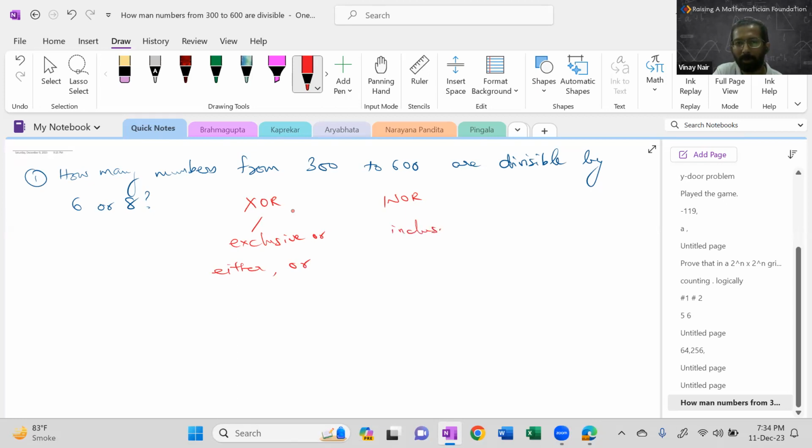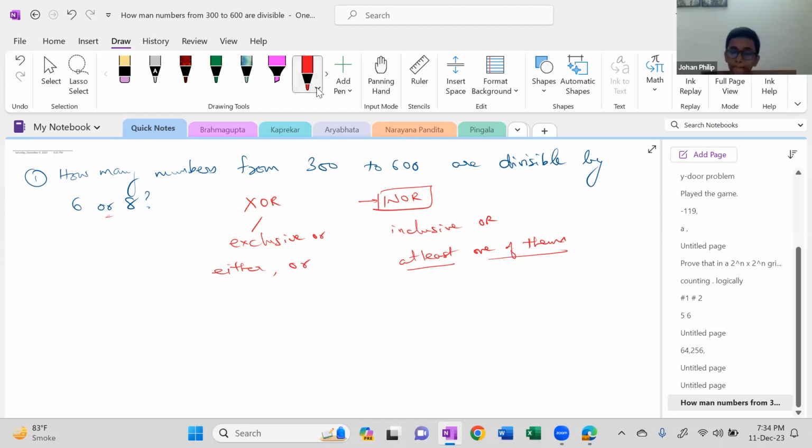Inclusive OR means at least one of them. So here, when we say 6 or 8, it means at least one of them. Generally when we just say OR in these contexts, it means inclusive OR. Could be both as well. Yeah.